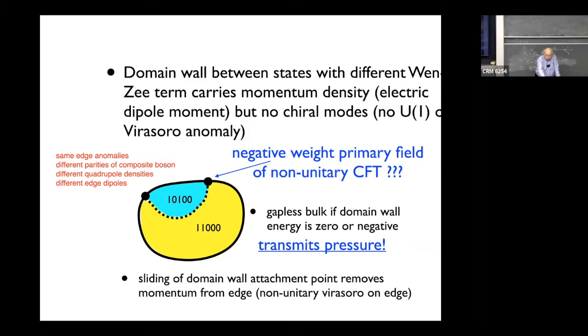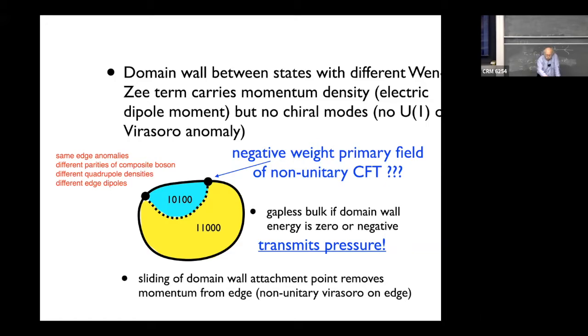So there's a momentum per unit length along the boundary. This theory has a Virasoro algebra with one negative weight primary field, which is what makes it non-unitary, right? So then we should ask, what is the physical interpretation of that single non-unitary primary field?